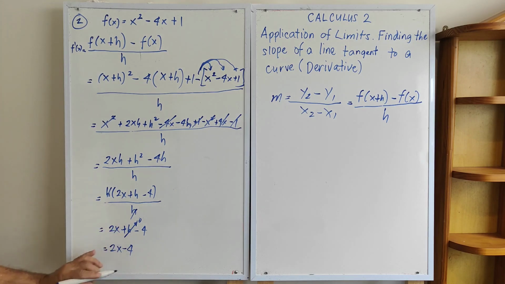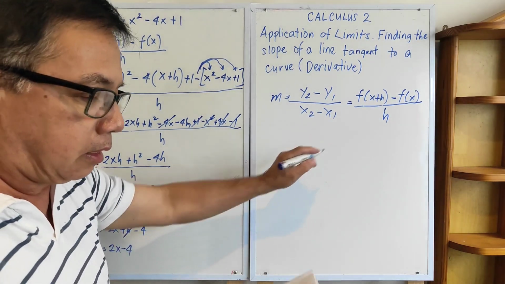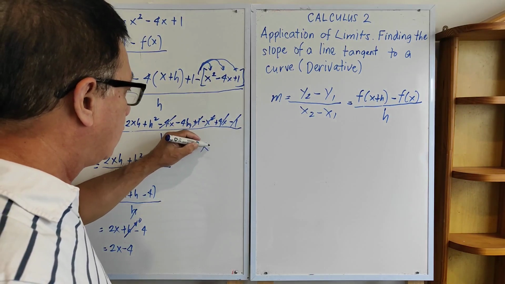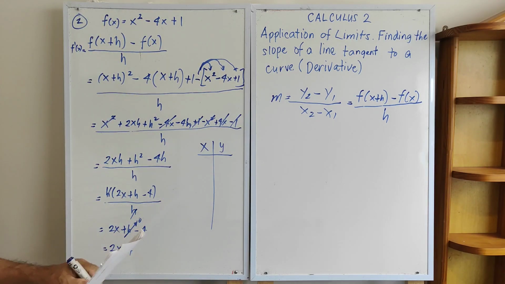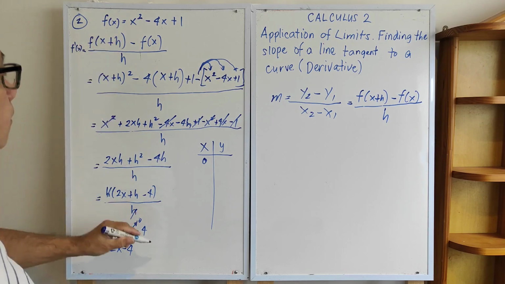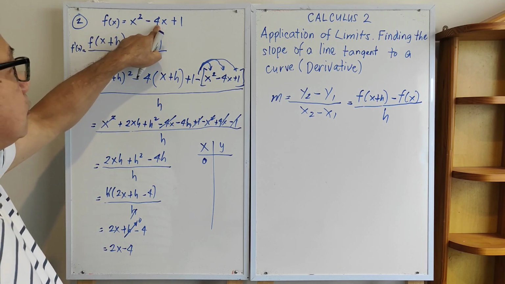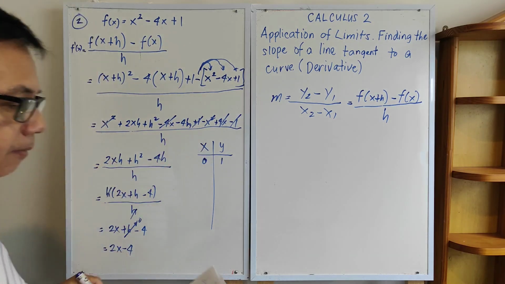This is your formula to compute the slope at any point on the curve. Let me draw this curve. So x and y. If your x is 0, then 0 minus 0 plus 1, so your y is 1.